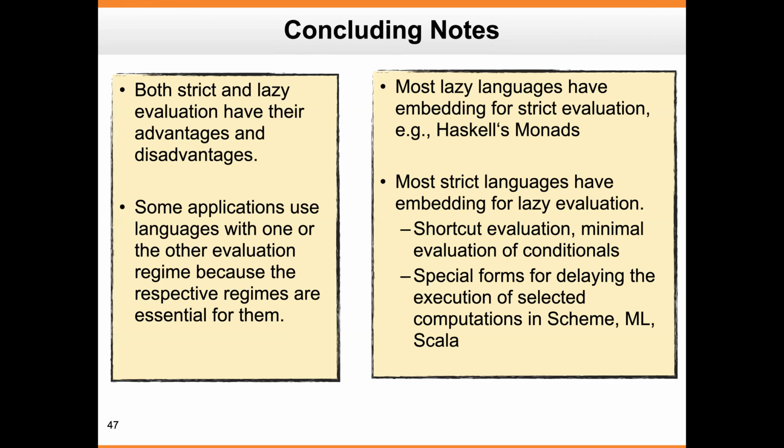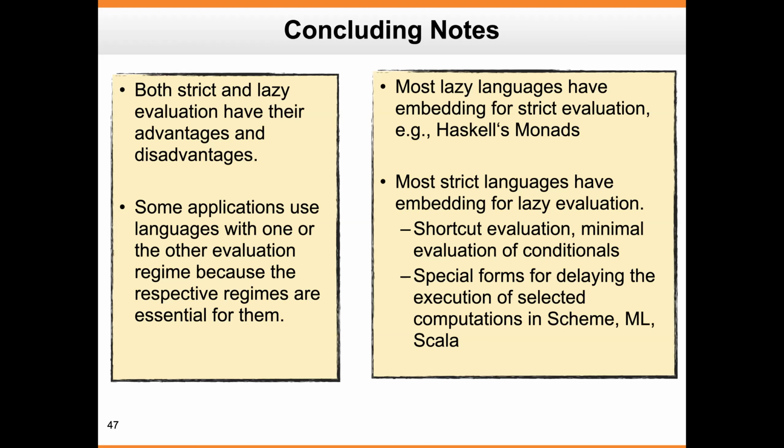And since both have advantages and disadvantages, we see the gap between languages with lazy or strict evaluation getting more and more narrow, in the sense that most lazy languages have constructs for enforcing the order of the evaluation for strict evaluation.